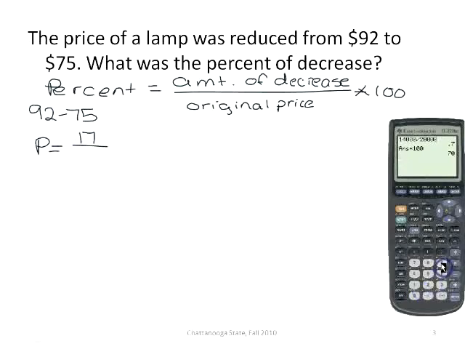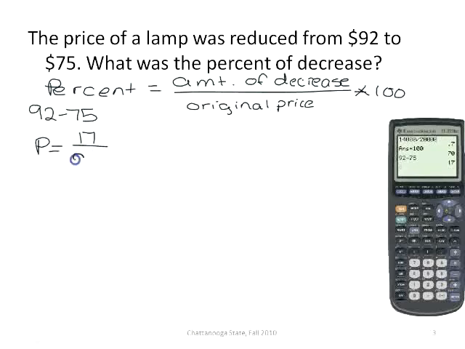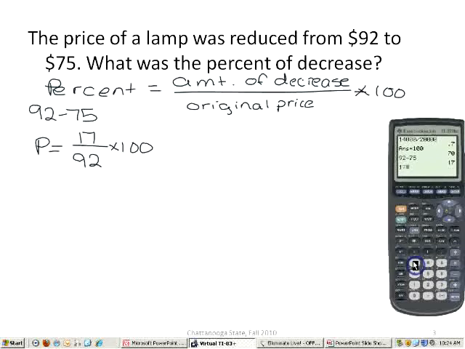Again, if you need to go to the calculator to do that, 92 minus 75 is a $17 change. The original price is the $92, so the 92 goes in the denominator. So I need to do 17 divided by 92, and then multiply that by 100.